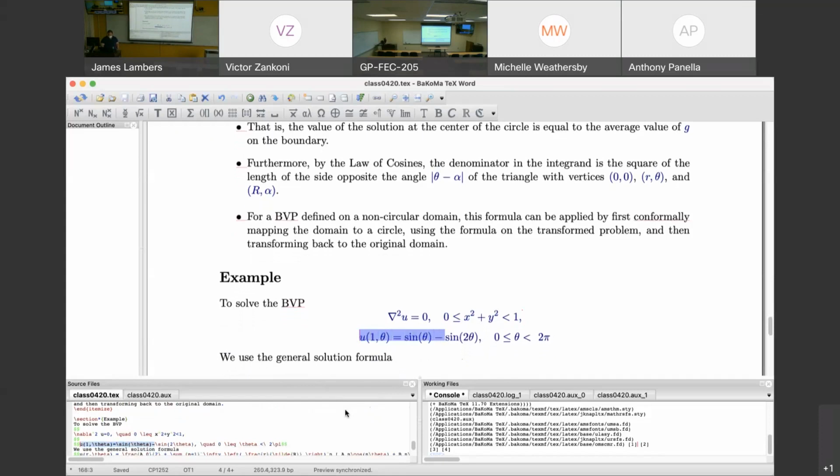And here's our boundary data. So on the boundary, the unit circle expresses a function of theta, sine theta minus sine 2 theta.